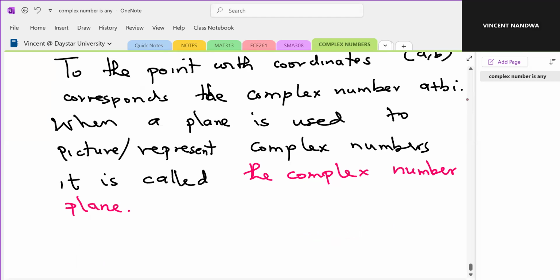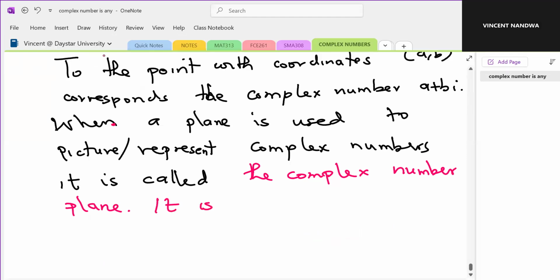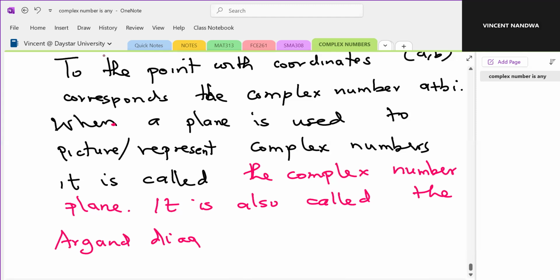The other name of this diagram is the Argand diagram, or the Gauss plane.